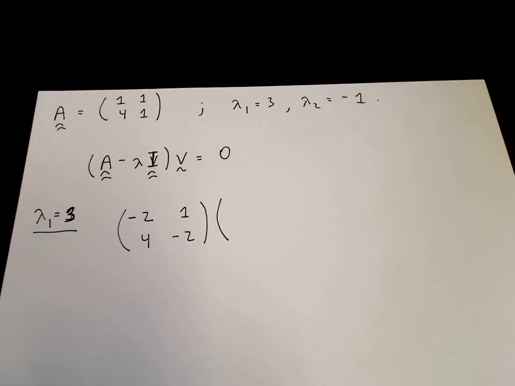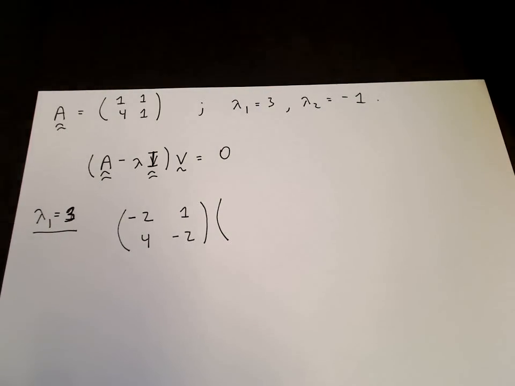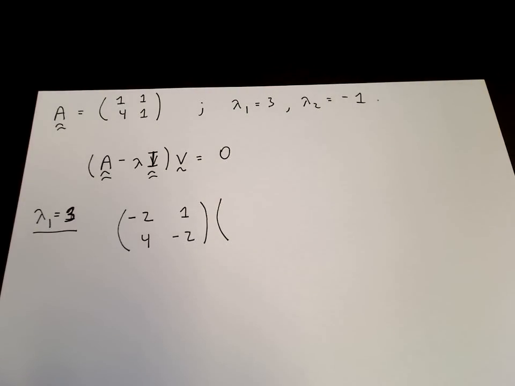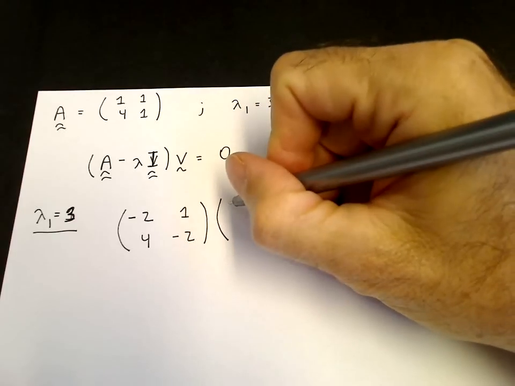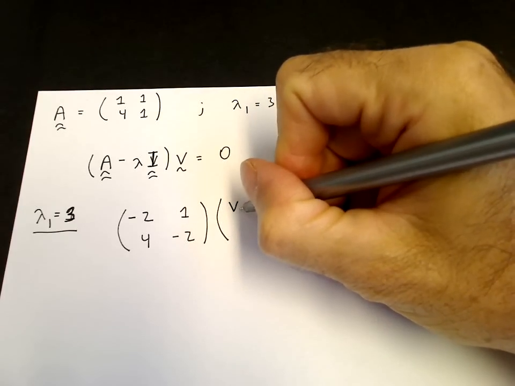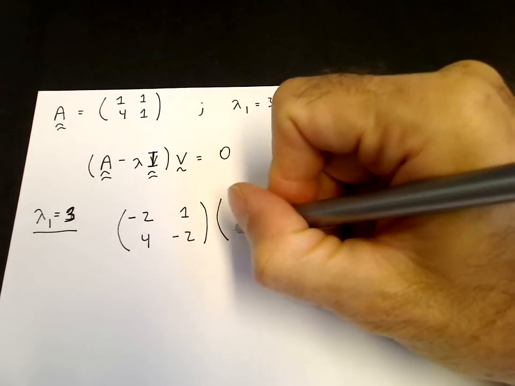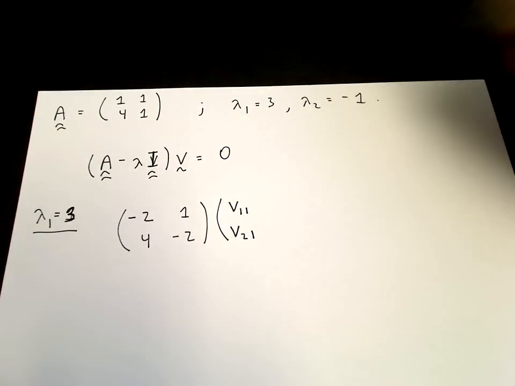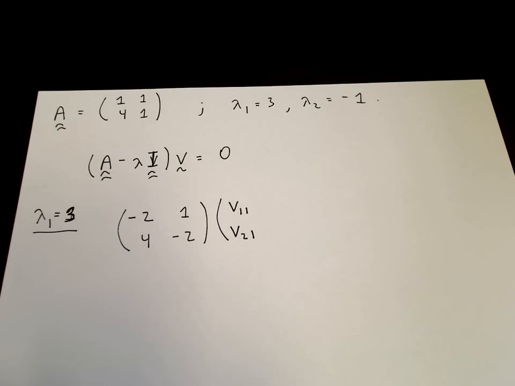So there's going to be two eigenvectors. The first eigenvector I will put in the first column of an eigenvector matrix. So I'll call these components v row 1 column 1, v row 2 column 1. So that will be the components of v1.